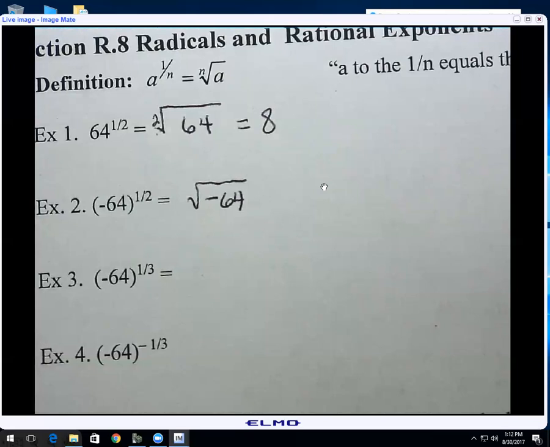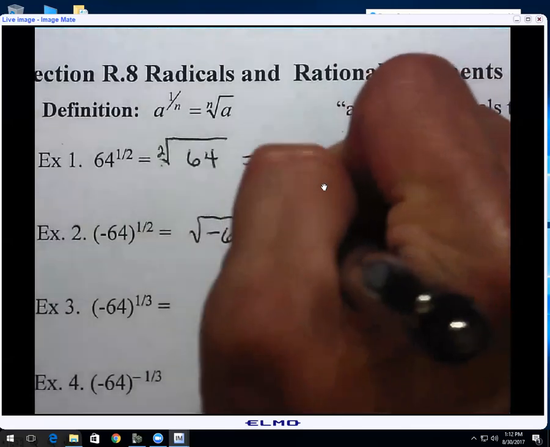Now tell me what you know about square root of negative 64. That's negative. It doesn't exist in the realm of real numbers. When we get ready to leave the realm of real numbers, we'll have a name for it. But right now, I'm just going to say that's not a real number.